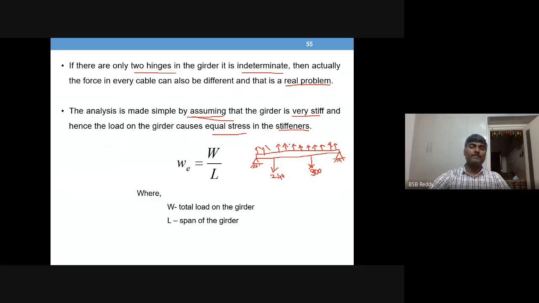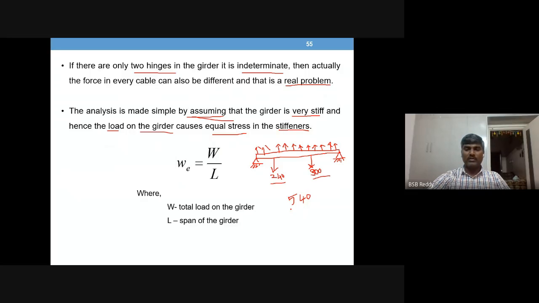So that's why we are assuming the total load on the girder. What is the total load on the girder? 240 plus 300, the total applied load, is 540 kilonewtons, which should be equally distributed to all these suspenders.